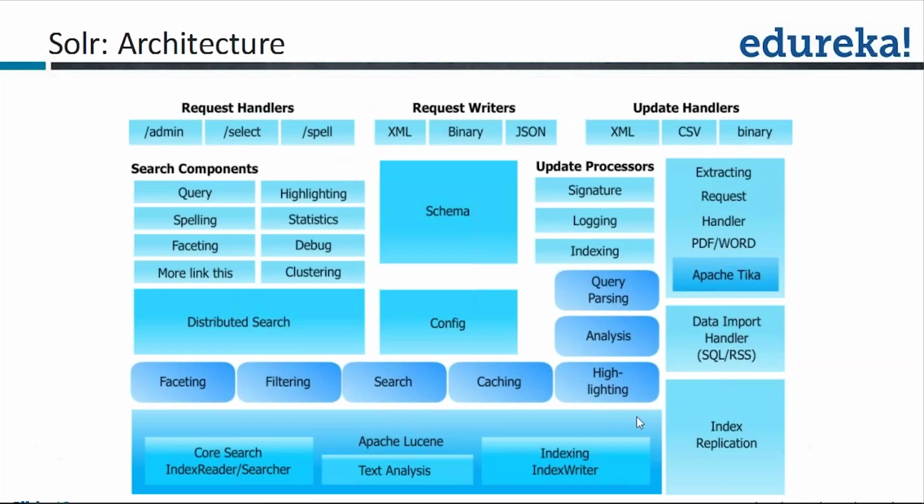You can configure this data import handler to import data from different sources. Then you have index replication as well, which makes sure that the data is replicated as per the replication factor specified in solrconfig.xml. Whatever the replication factor is, that many copies of data are maintained for that particular data set.